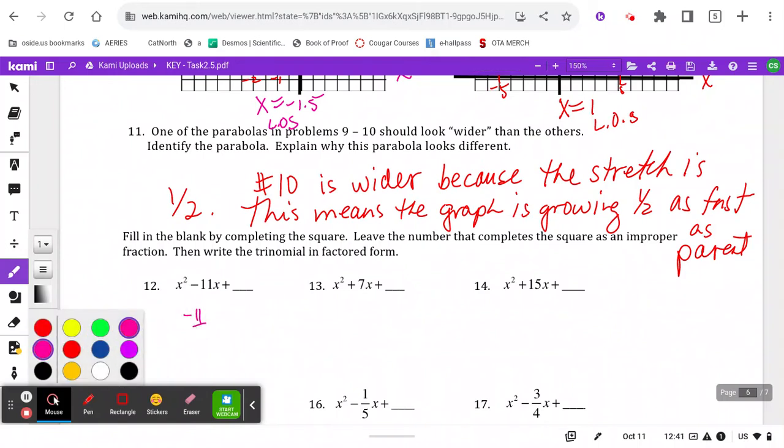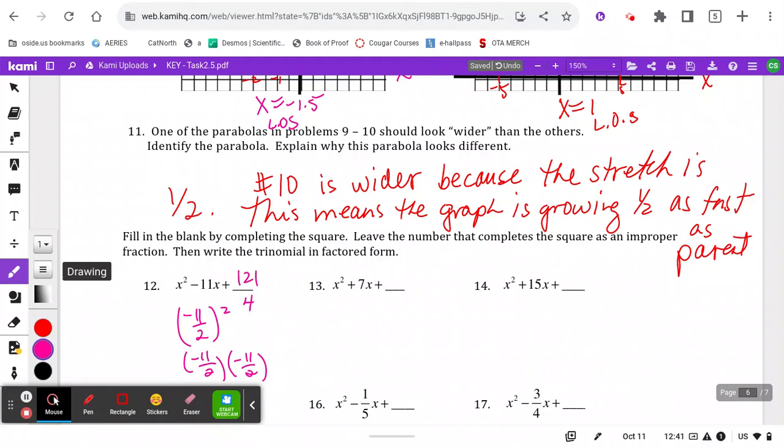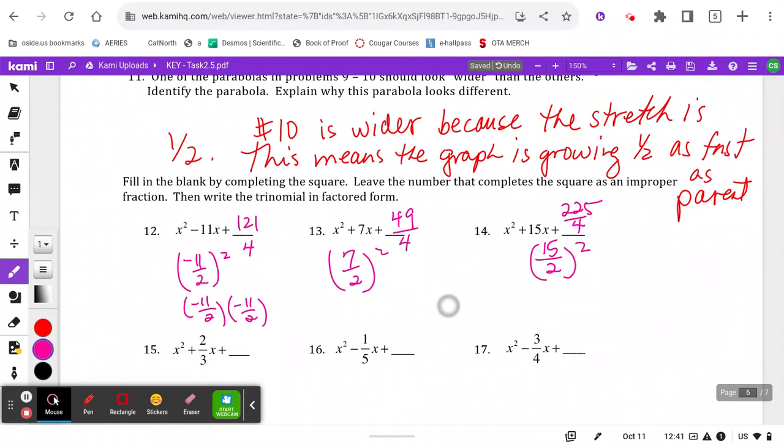So negative 11 divided by 2, squared, is going to be 121/4, where it's top times top: 11 times 11 is 121, and then bottom times bottom is 4. 7/2 squared is 49/4. 15/2 squared is 225/4. Leave the number that completes a square as an improper fraction, then write the trinomial in factored form.